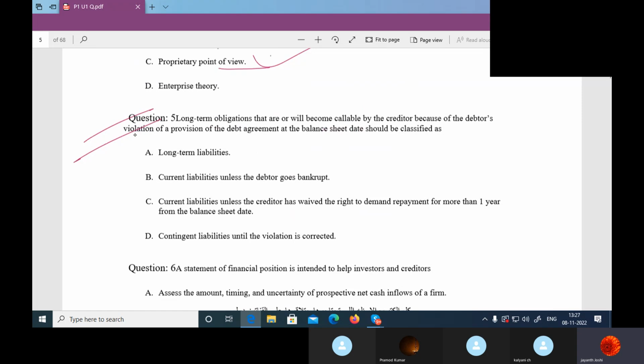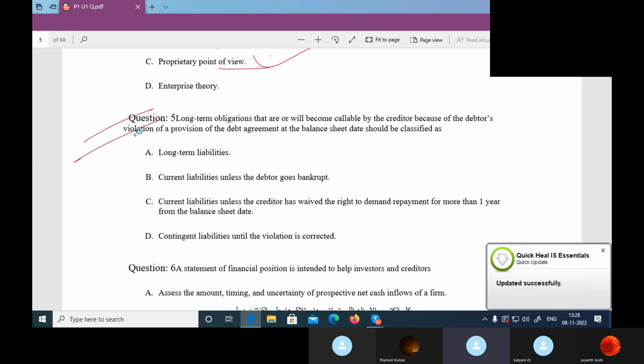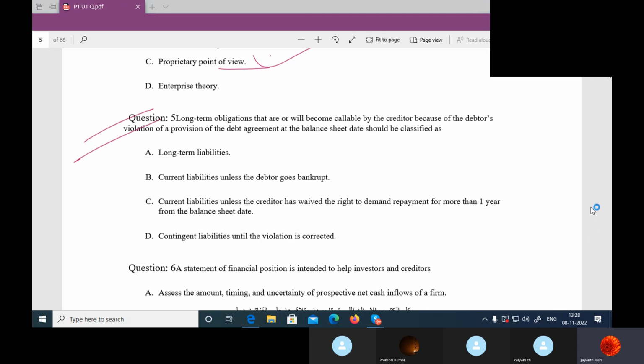Okay. Now, next one. What about the fifth question? Long-term obligations that are or will become callable by the creditor because of the debtor's violation of a provision of the debt agreement at the balance sheet date should be classified as dash.